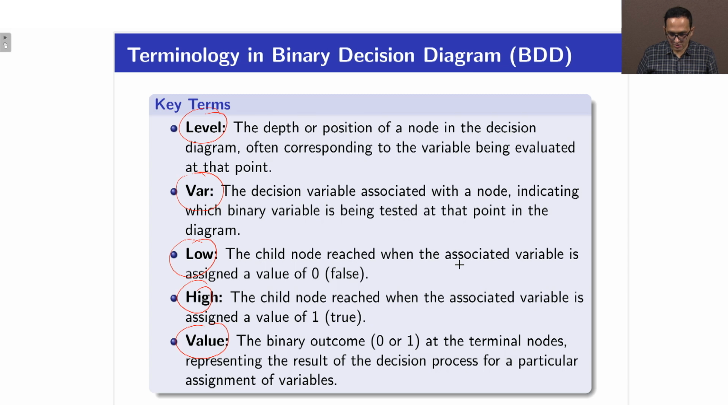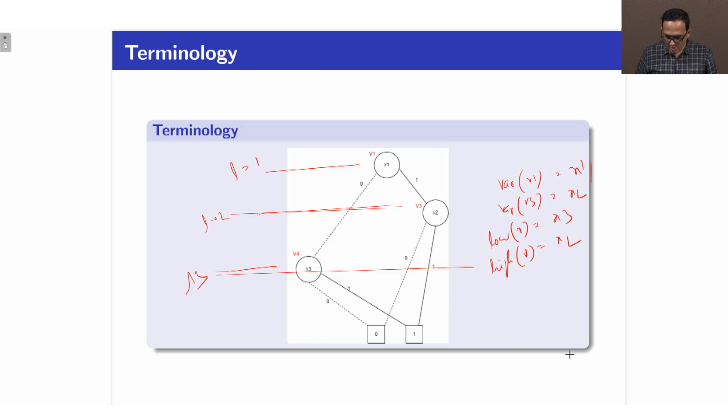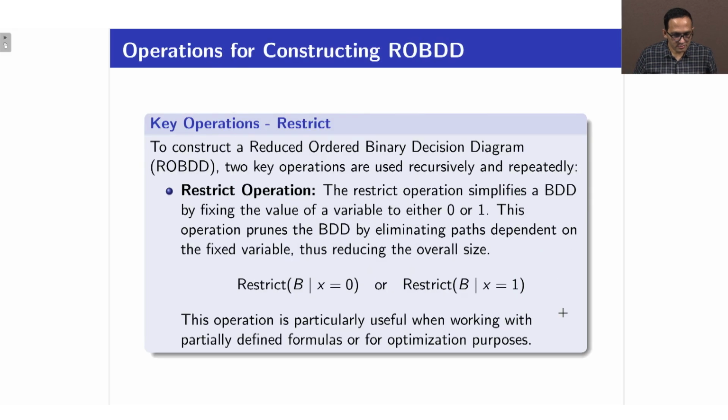Then we have the value. Value corresponds to the terminal nodes. So, here the value of this node is 0 and value of this node is 1. If these nodes are V5 and V6, then val of V5 is 0, val of V6 is equal to 1. We just keep this terminology so that we can develop the algorithm.